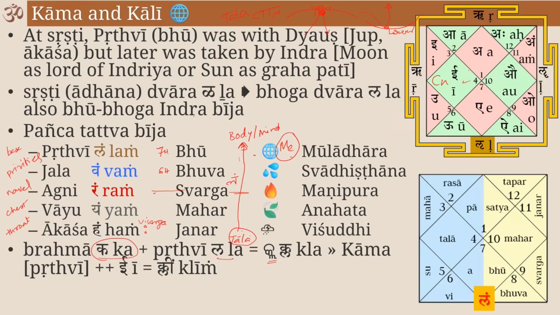Now this Kla, I am going to add to E. Klim, but this is going upwards, it is not going down. I have to add anga. So Ka with La, E, and then I have to add the moon.